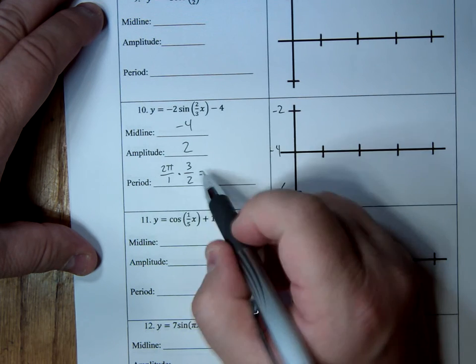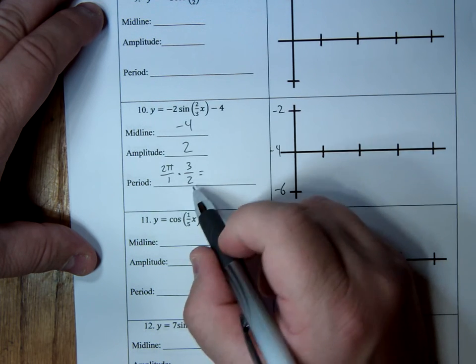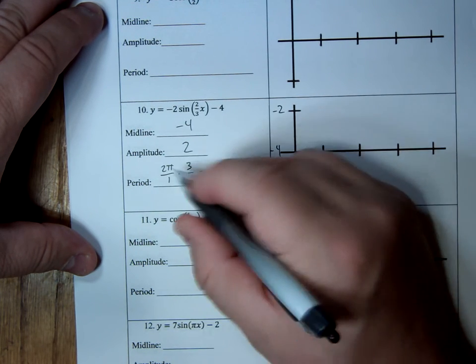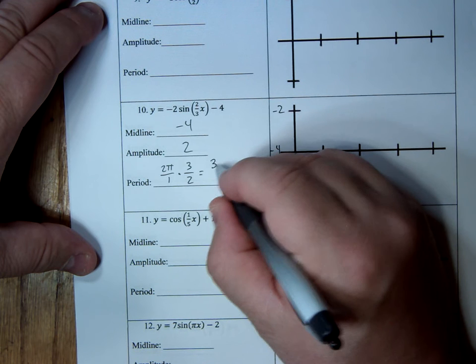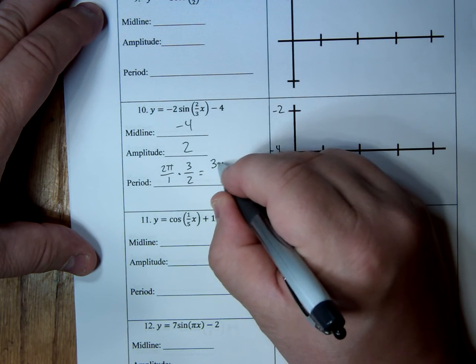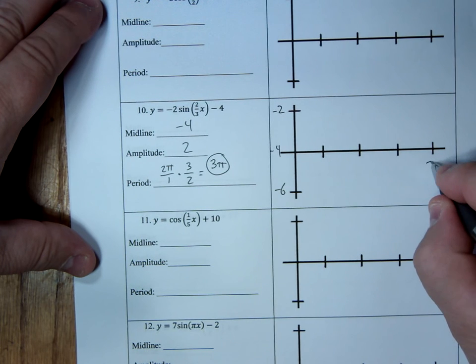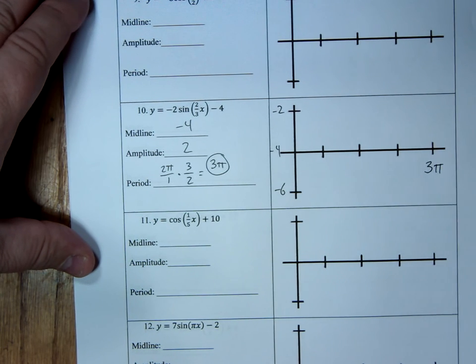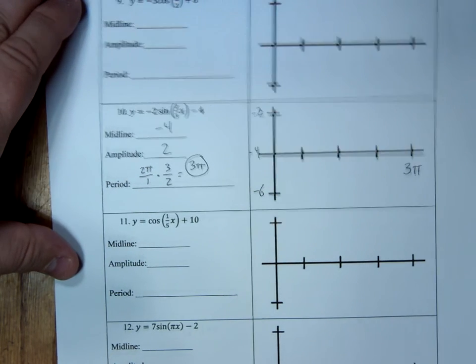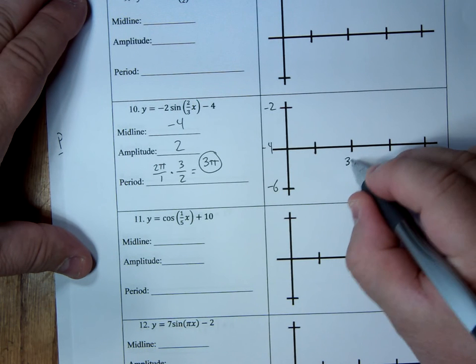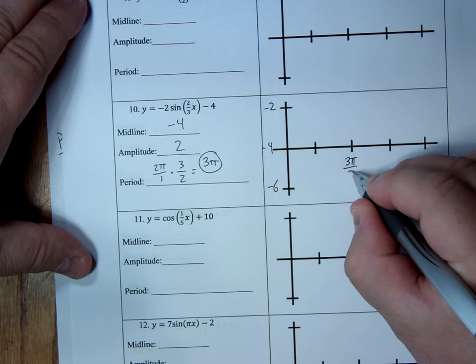So that would be 6 pi over 2, which reduces, or the 2's will reduce out first if you want to do that, 3 pi over 1, or just 3 pi. So 3 pi. Since you can't do half of 3, just do 3 pi over 2.